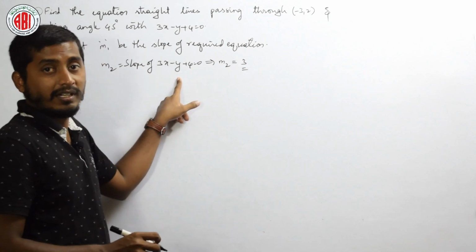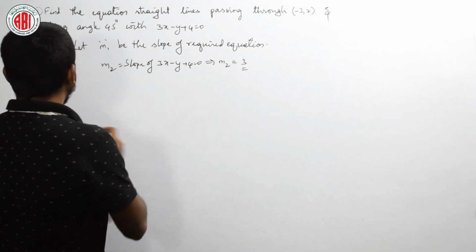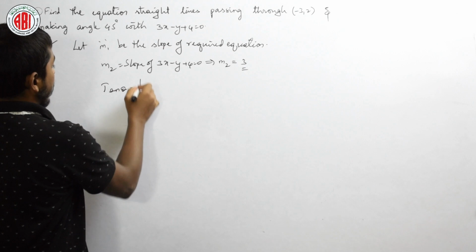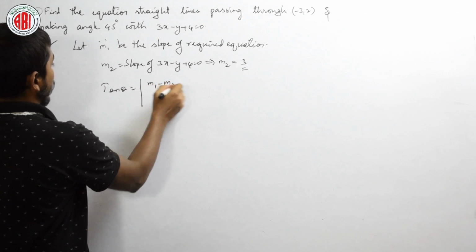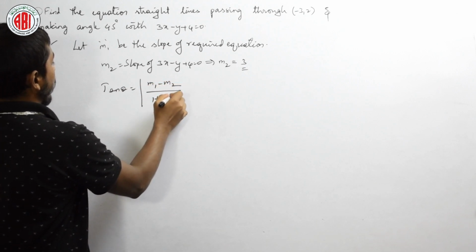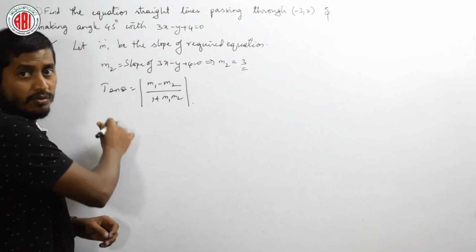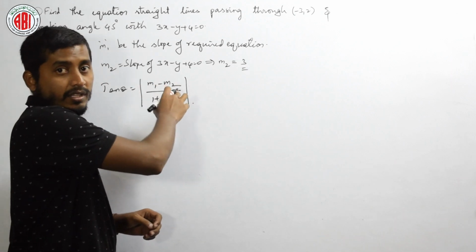Now, what is the value of tan theta? The angle between two lines is given by tan theta equals mod of m1 minus m2 by 1 plus m1 m2. Is it okay? Now let us substitute the values of theta, m1 and m2 in this equation.